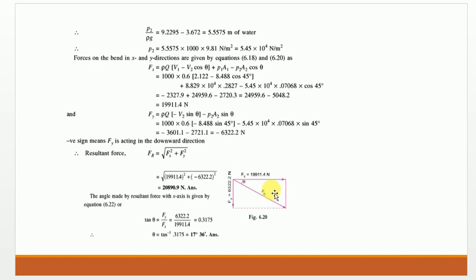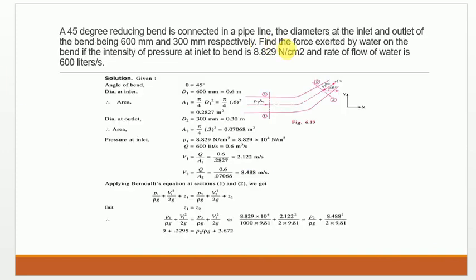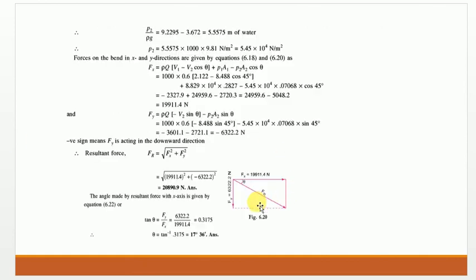The angle already given is the angle made by the bend, but we need to find the angle made by the resultant force. To find that angle, tan theta equals opposite by adjacent. Opposite is F of y, adjacent is F of x, so F of y by F of x. Putting in the value, theta equals tan inverse of this value, which gives 17.63 degrees, that is, 17 degrees 36 minutes.